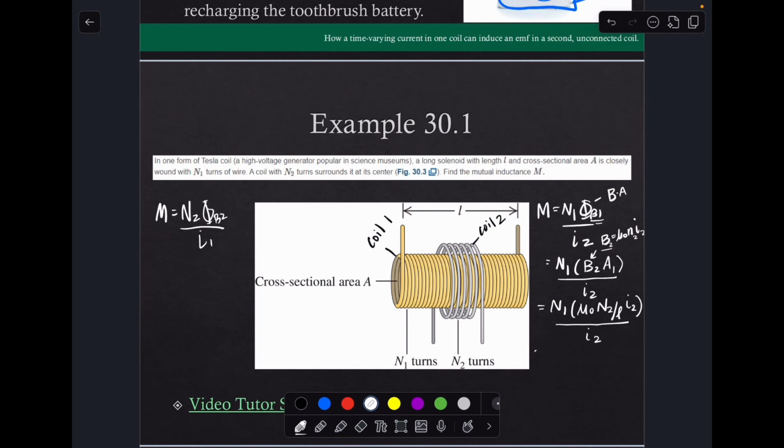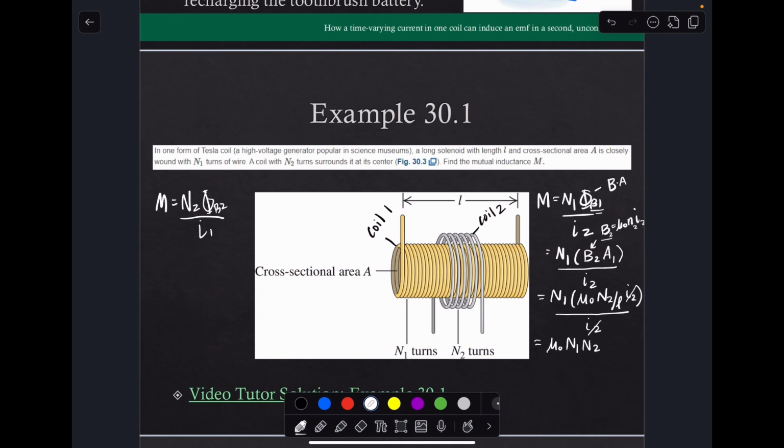We can cancel some things out. Let's rewrite it. Mu naught, N1, N2. The I2s cancel, and then my L goes down below. So what we see is that the mutual inductance is equal to a bunch of geometrical parameters: mu naught, the number of turns in the first coil, the number of turns in the second coil, and the length of the first coil.